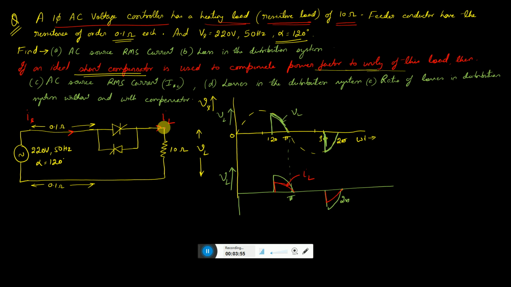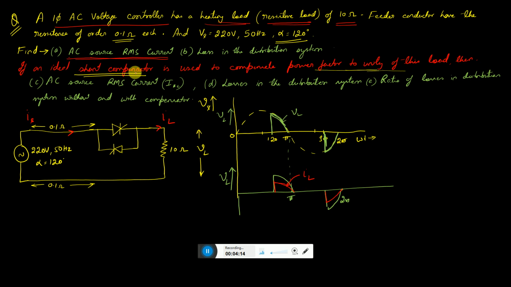If I calculate the RMS voltage, I can get the RMS current. The question asks for the AC source RMS current, so to get the RMS current, we need to find the RMS voltage.